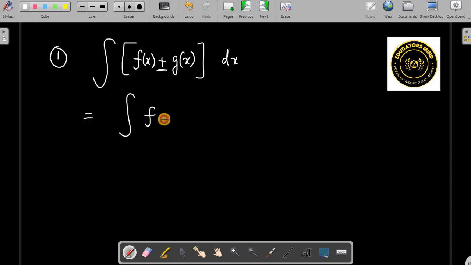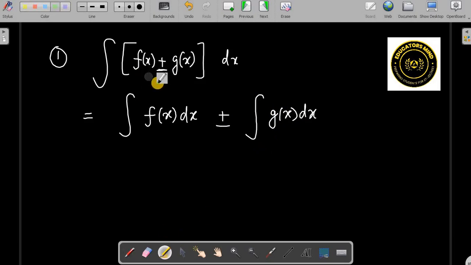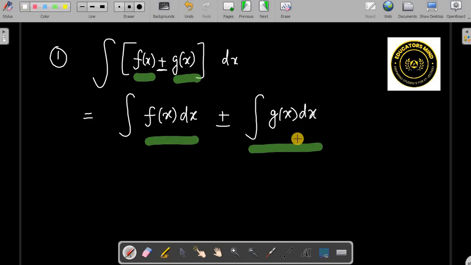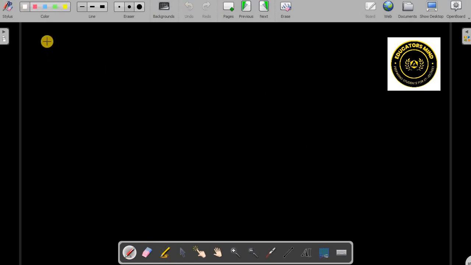We can separate f of x dx, plus or minus whatever sign will be there, and then separately integrate g of x. Okay, that means each term can be split into two terms, or this big integration can be split into small integrations.